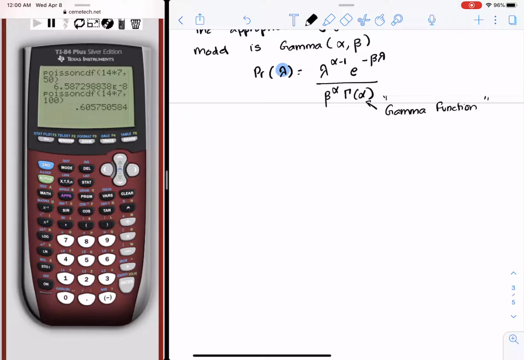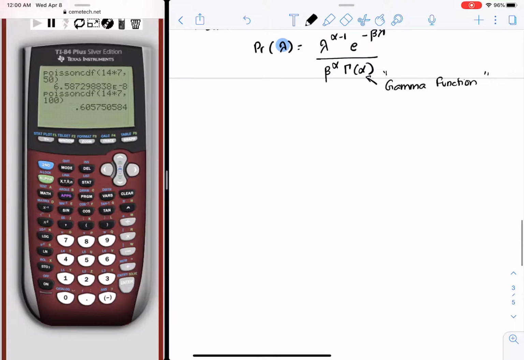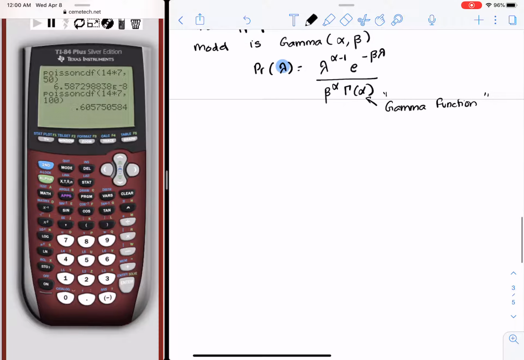Beta is what we call the scale parameter, and alpha is the shape parameter, and gamma is a skewed distribution. It is defined for positive values of lambda only, and we know that lambda is positive. The number of patients arriving at the ER, for example, is a positive quantity.